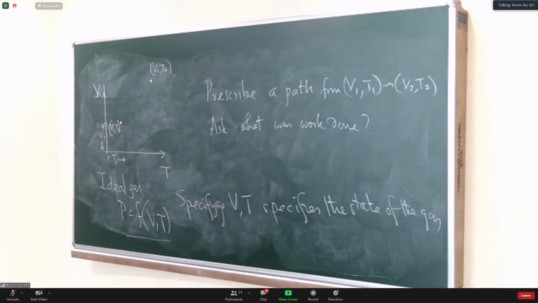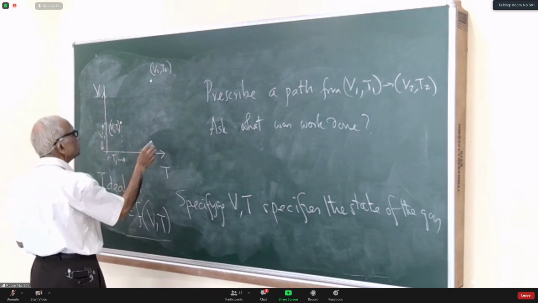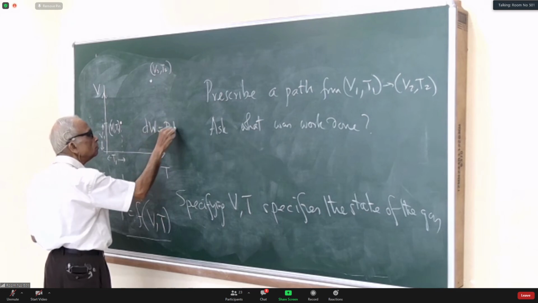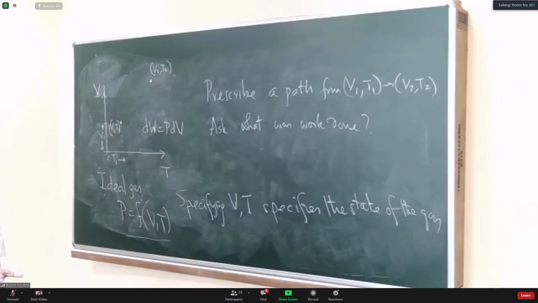How are you going to calculate that work? Things have changed. All that you know, as I told you, is that you would have to use dW equal to PdV. That's sensible mechanical work. But all right, fine, PdV. Now how are you going to calculate it?